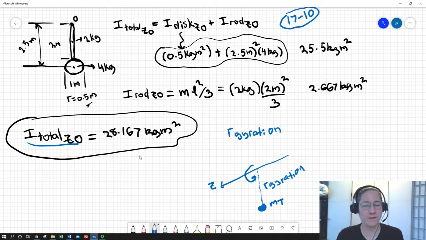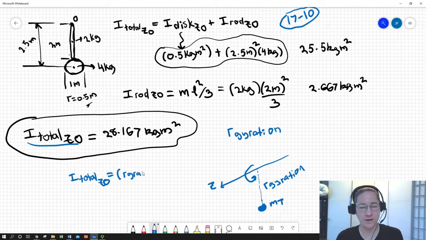So we can literally say I total that we just calculated in the z direction about point O is equal to our radius of gyration, we'll just say r sub g, squared times the mass total.